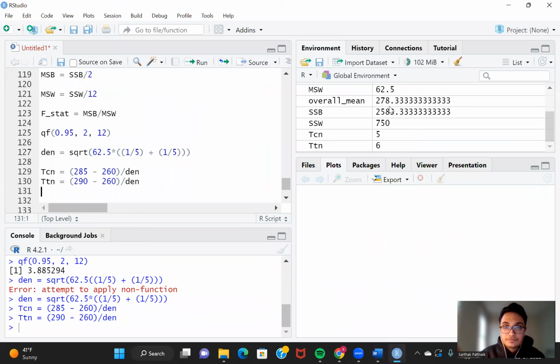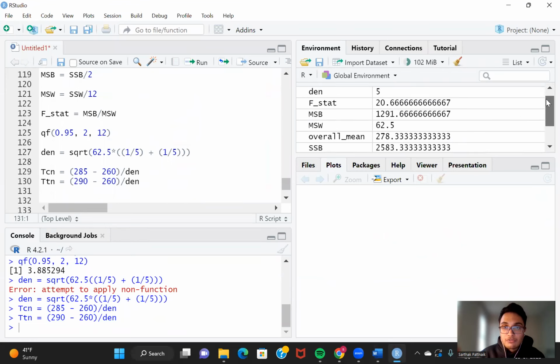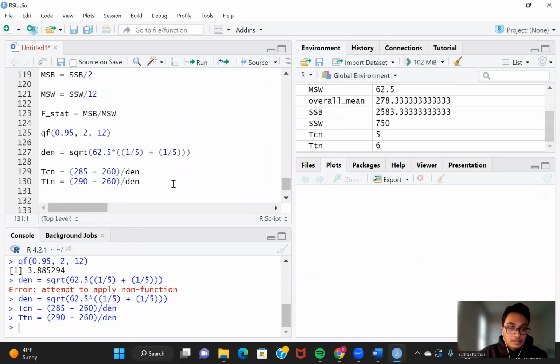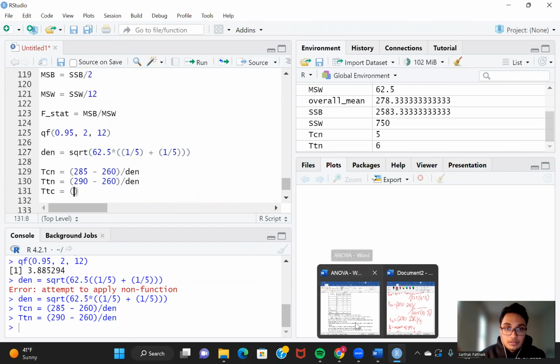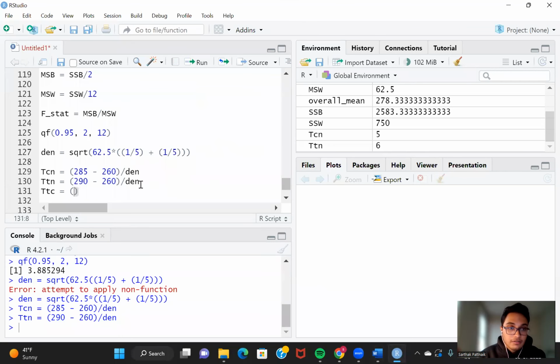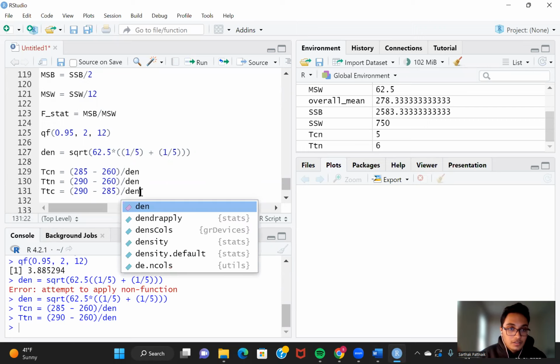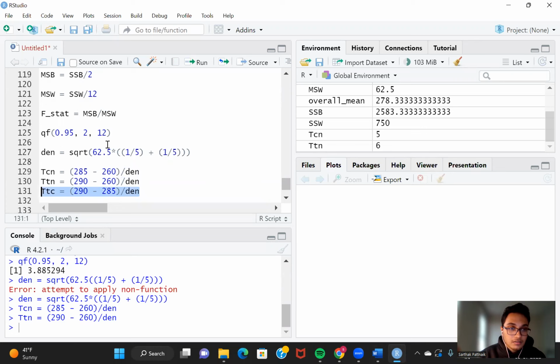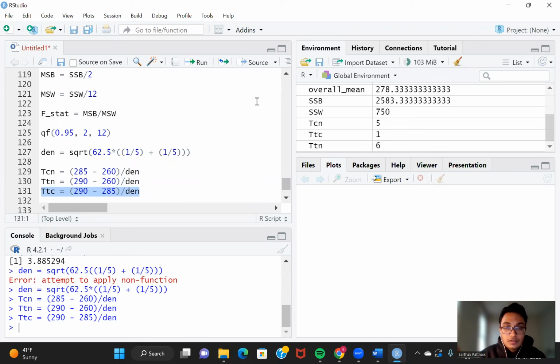My value of the denominator is 5. So for Titleist and Callaway, it is 290 minus 285, divided by 5. It comes out to be 1.